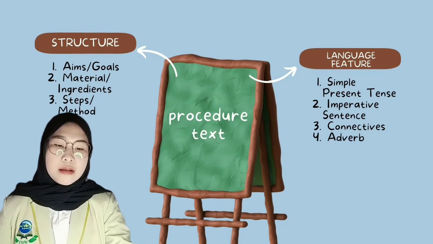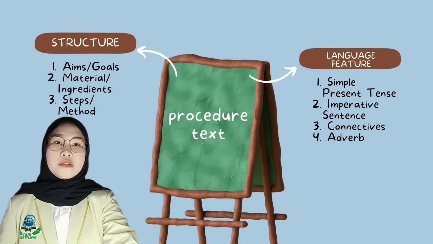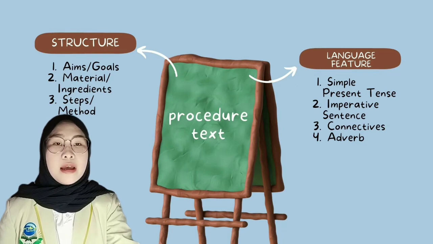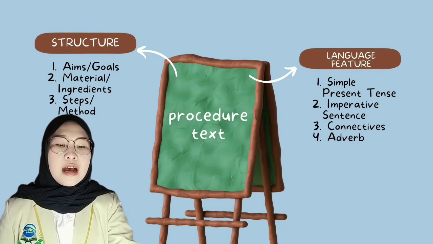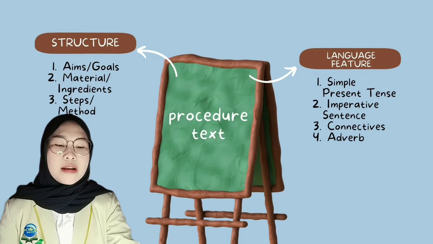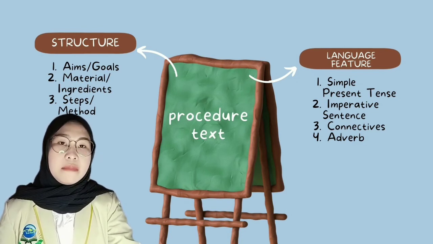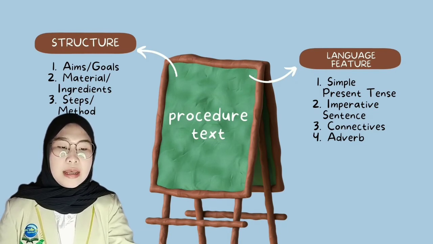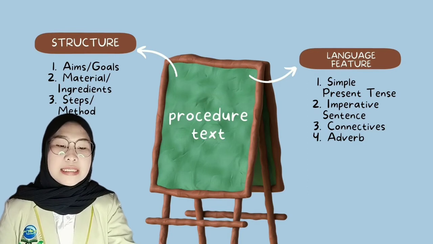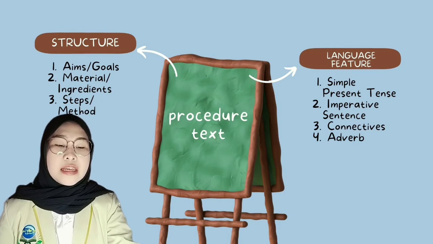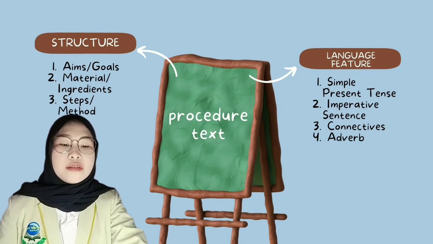There are some simple examples of procedure text in our daily life. First is direction. How to get somewhere, the written instruction must be very specific, including the name and title of the location. Formal language and the addition of a map image can make directions easier to understand. And the second is instruction. Instruction means showing how to do something.